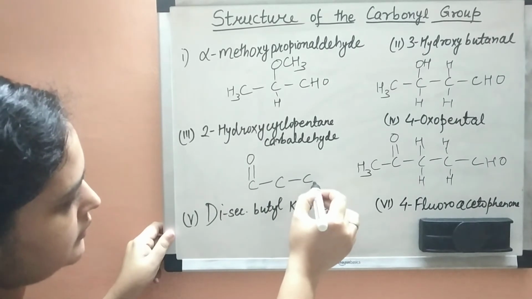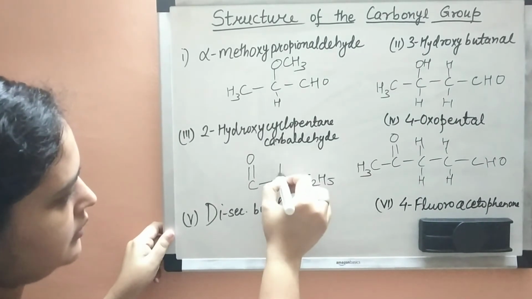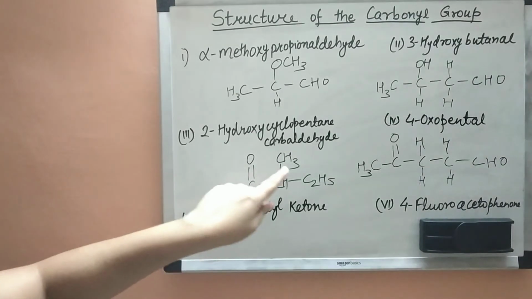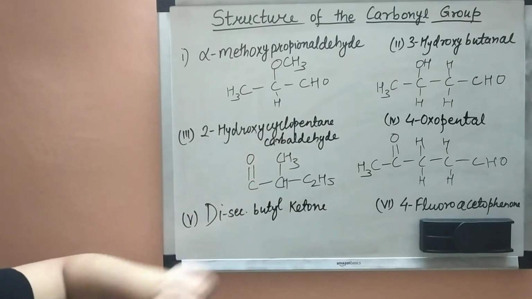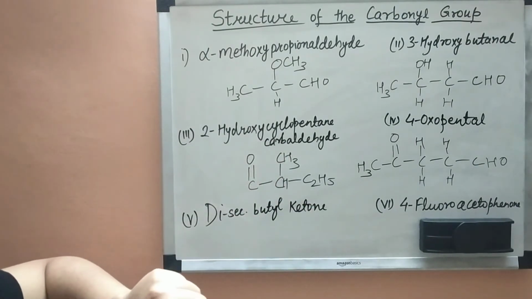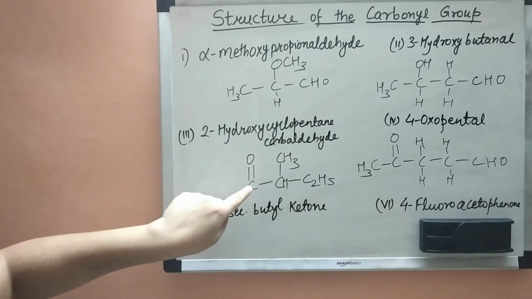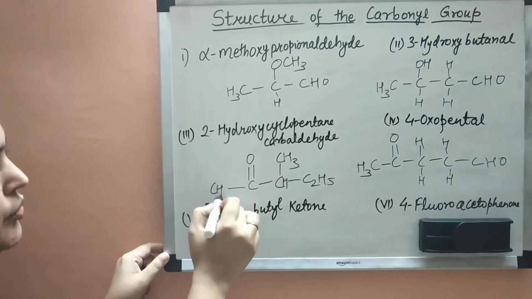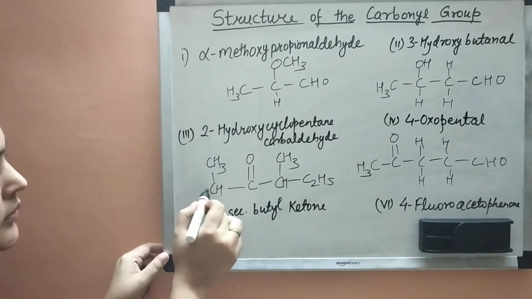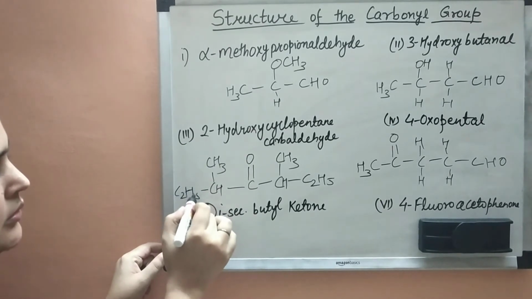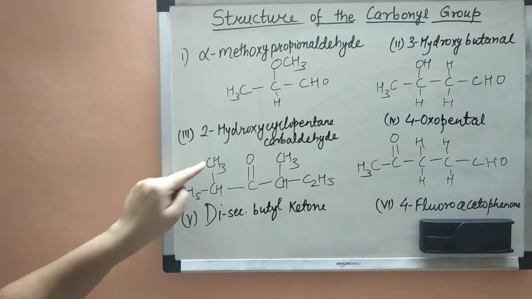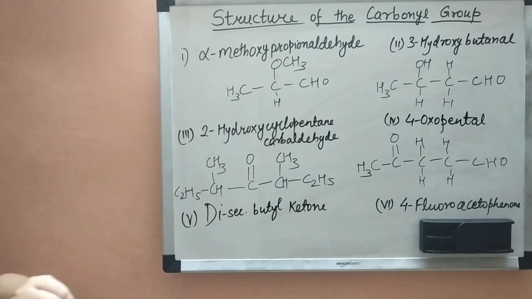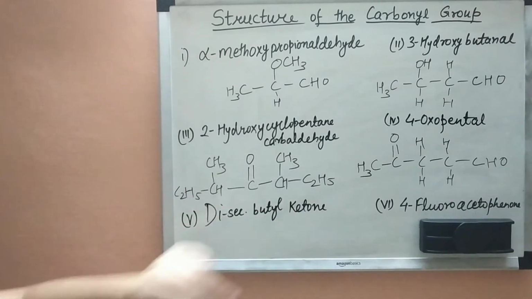So this is the secondary butyl group, CH3CH, C2H5. Here 4 carbon atoms are there, and at the second carbon there is attachment. So this is secondary butyl group. So here also there is secondary butyl group. C2H5, CH, CH3 and carbonyl group, then again C2H5, CH, CH3. So this is the structure of disecondary butyl ketone.